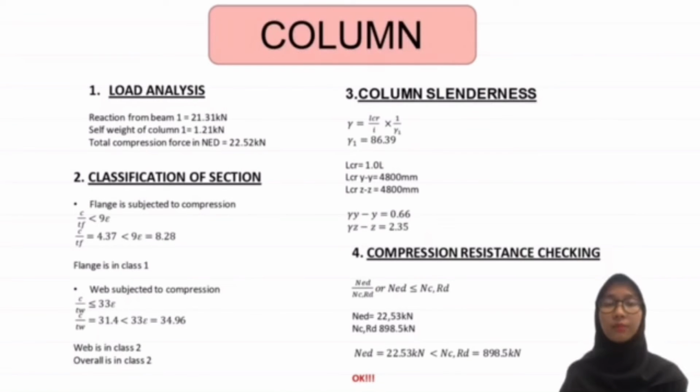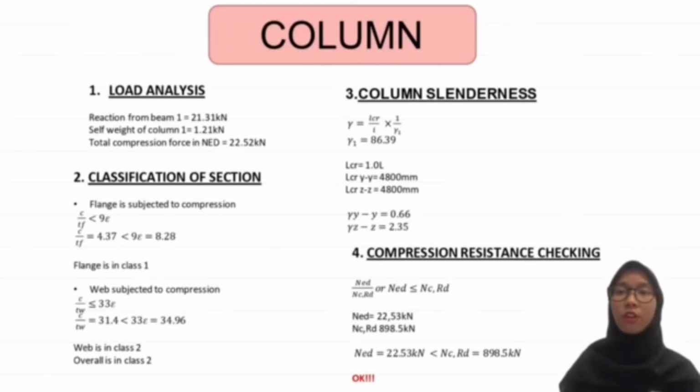Lambda for the YY section is 0.66, while lambda for the ZZ section is 2.35. For compression resistance checking, NED is 22.53 kN and NCRD is 898.5 kN. Overall, compression resistance checking is okay because NED is less than NCRD.